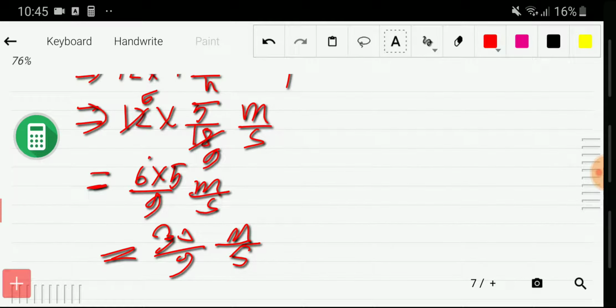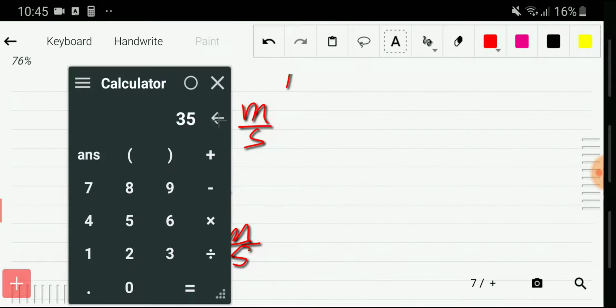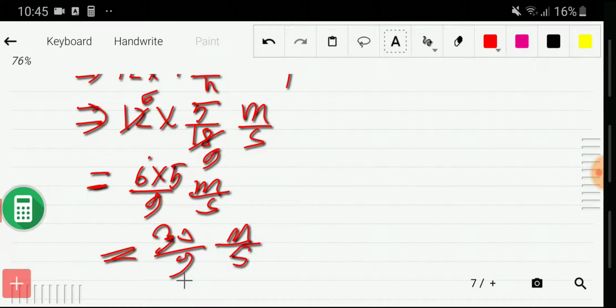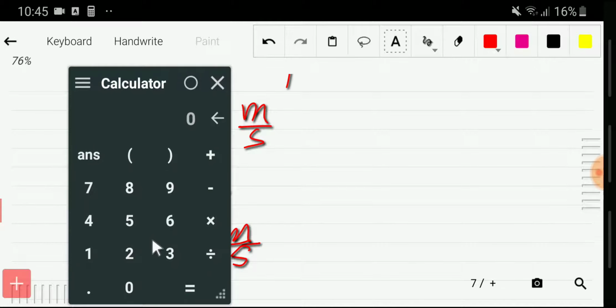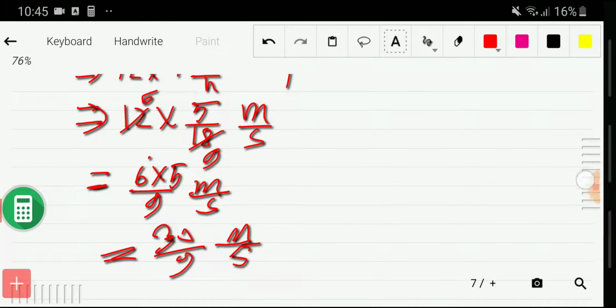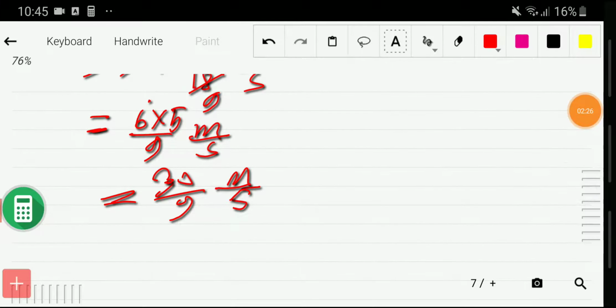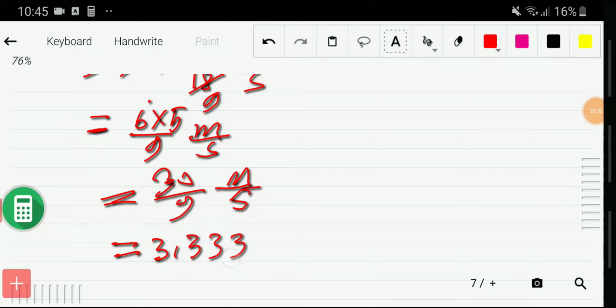Now we have to use our calculator, right? We have to divide 30 by 9. 30 divided by 9, and this gives us 3.333 meter per second.